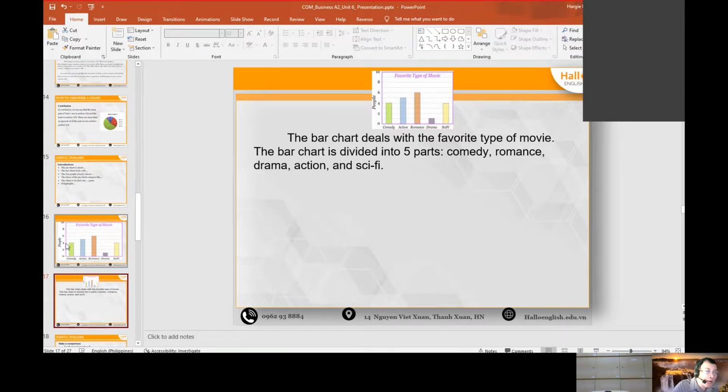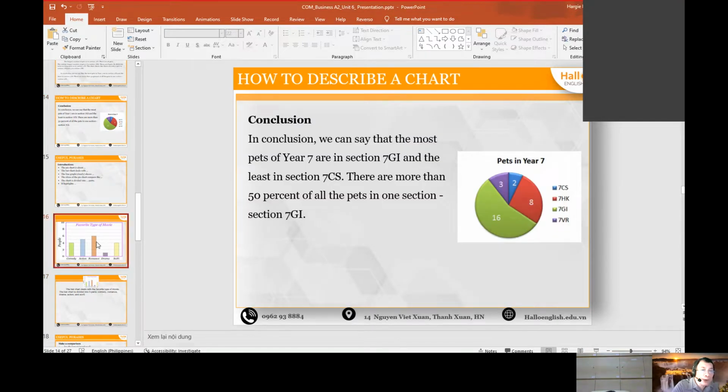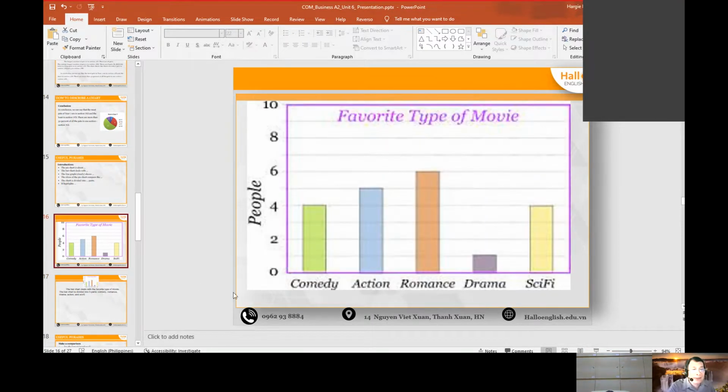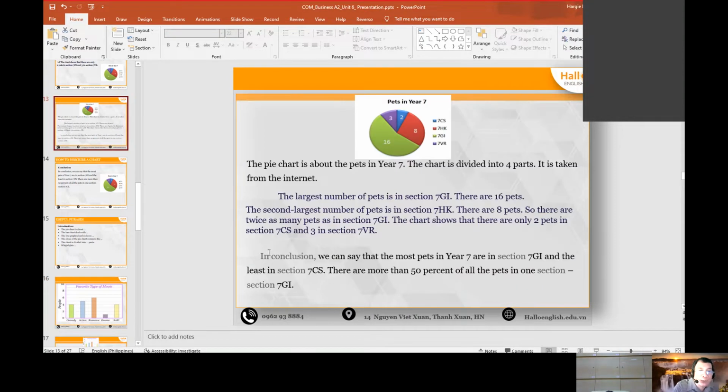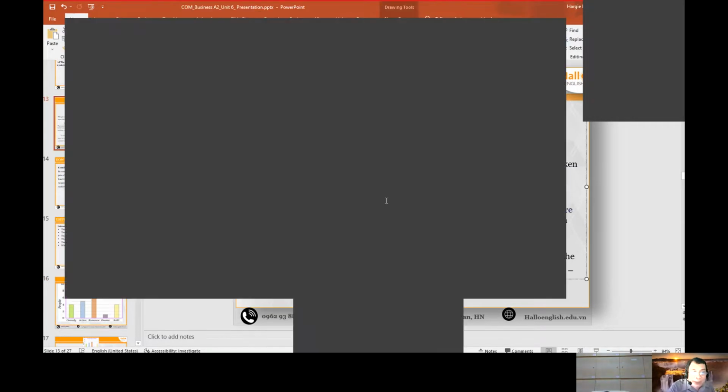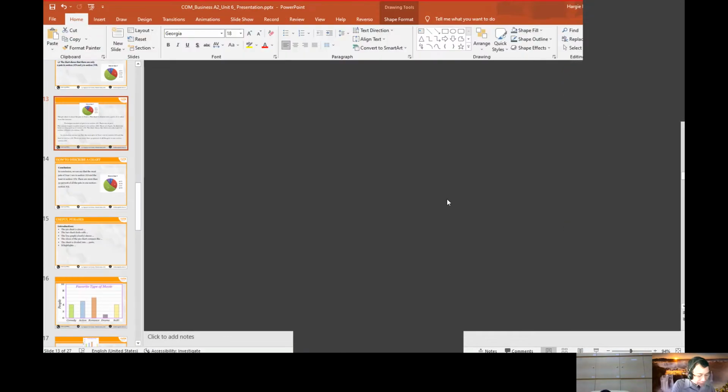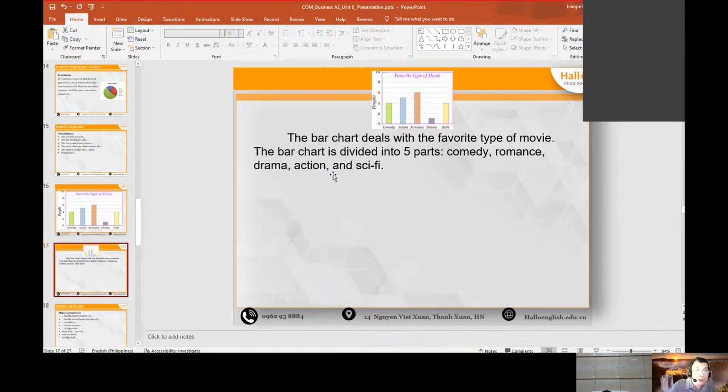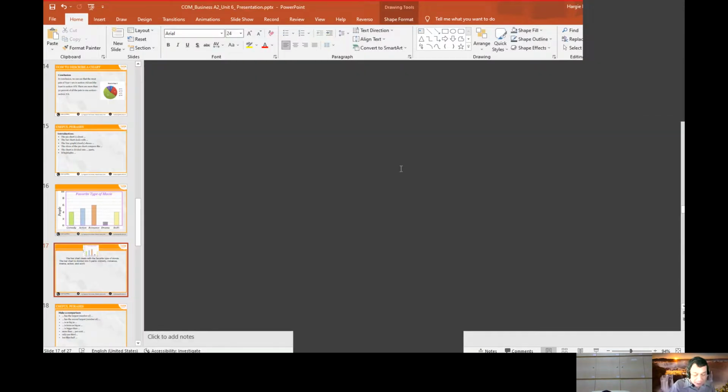So what would be our body now, Toy? We are going to interpret now the bar graph in here. So using again this one, the largest number of, we have to copy this one. Not pets anymore.